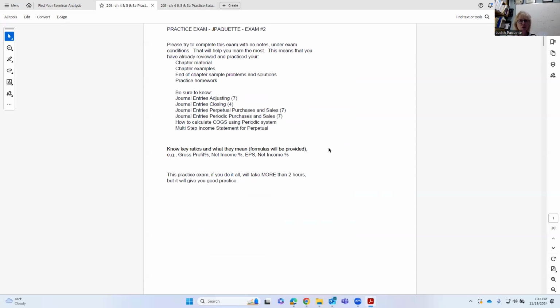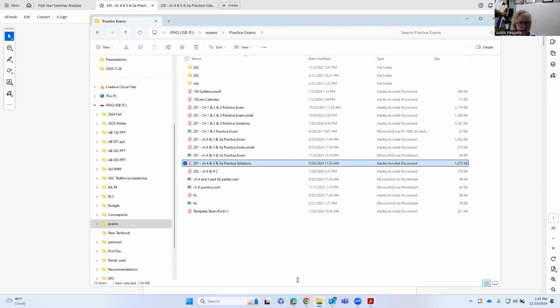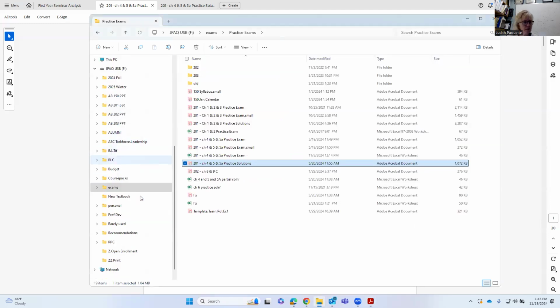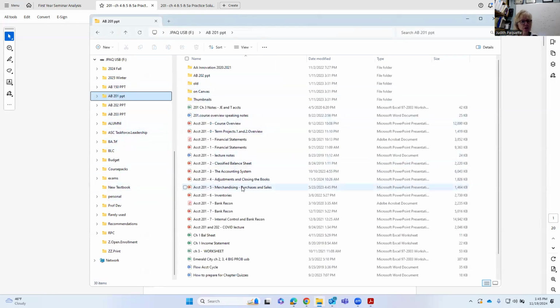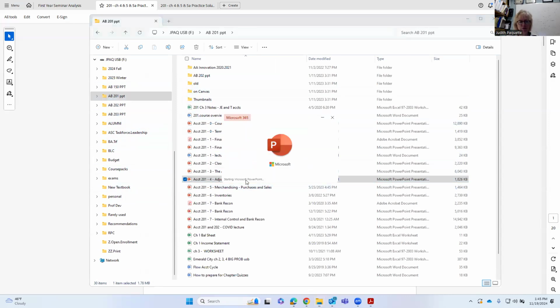One, you recognize the journal entry and you know which of your sample journal entries from your homework you're going to use. So let me take an example. The 7 adjusting journal entries, if you go to my PowerPoint slides, they are in chapter 4, because we're doing that first.